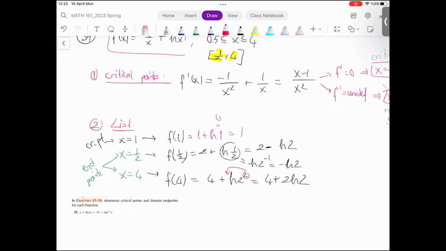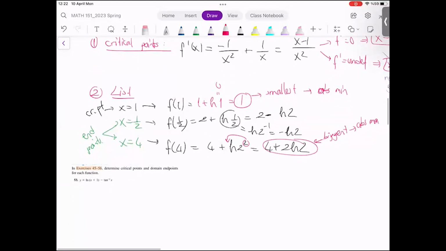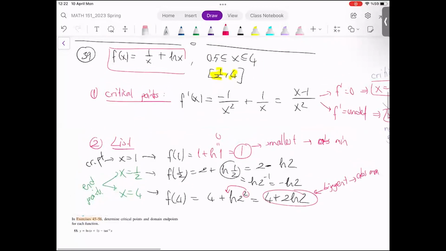What is the smallest? I think this is the smallest one. So you can call it absolute minimum now. And this one is the biggest one. So we will call it absolute maximum value of this function. Okay? So that's it. We applied the same technique for this function.